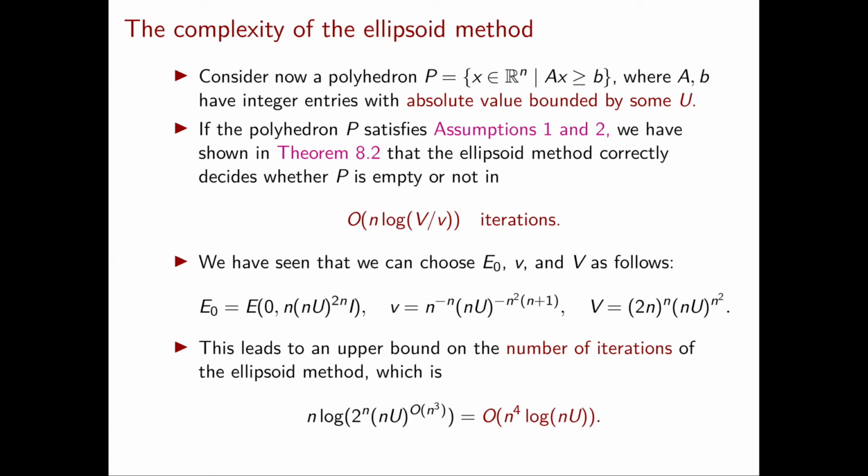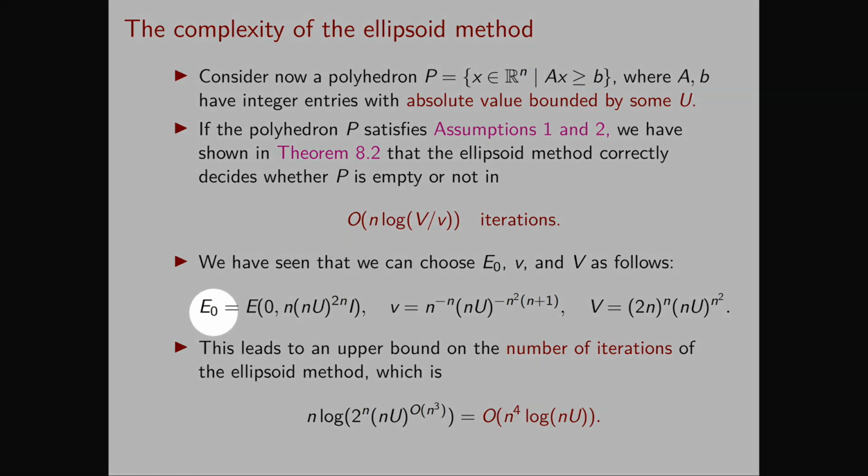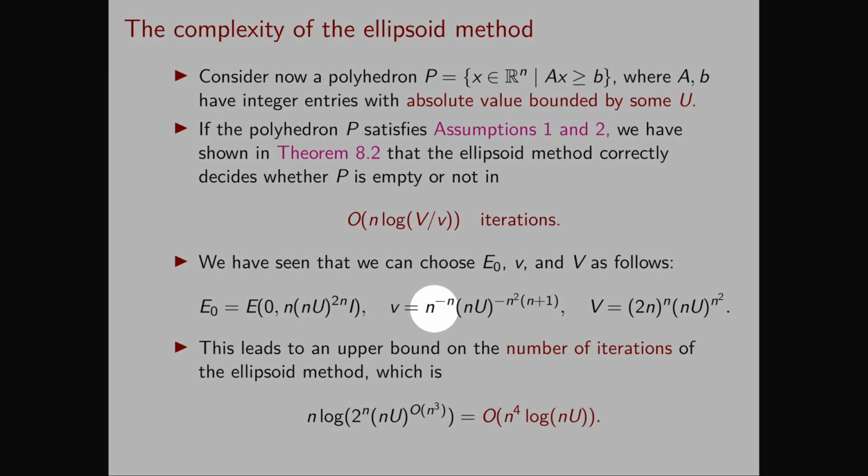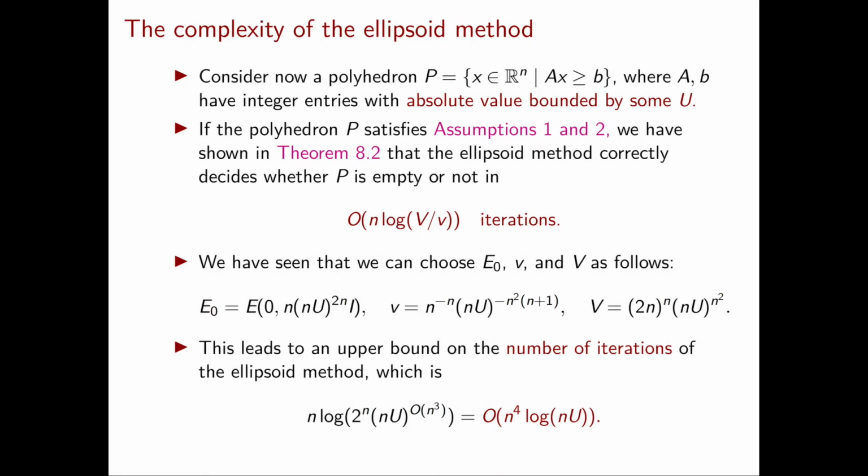Now we also know that if assumptions 1 and 2 are satisfied, then E0, V and capital V, which are required for the execution of the algorithm, can be defined by the algorithm as follows. E0 is the ball with center 0 and radius square root of n and u to the n. The number V is equal to n to the minus n and u to the minus n square n plus 1.